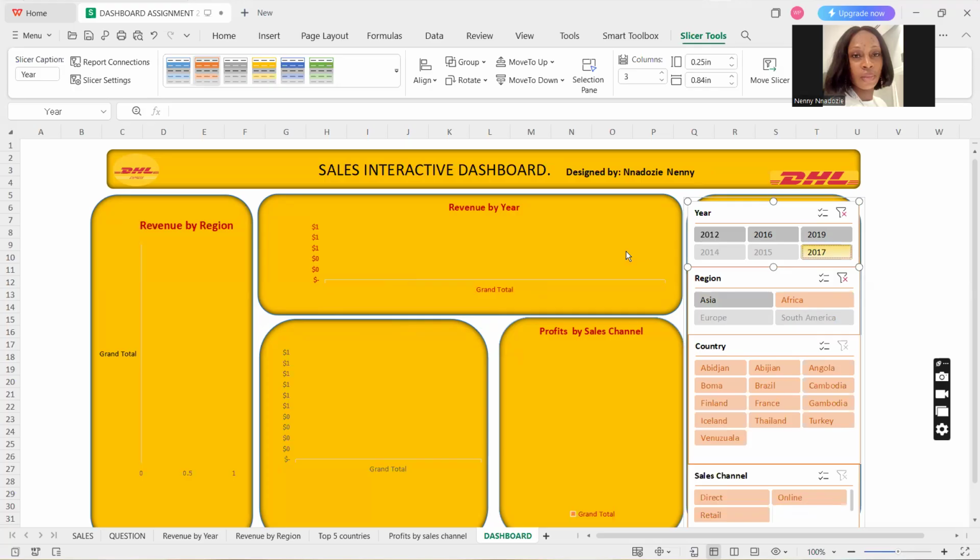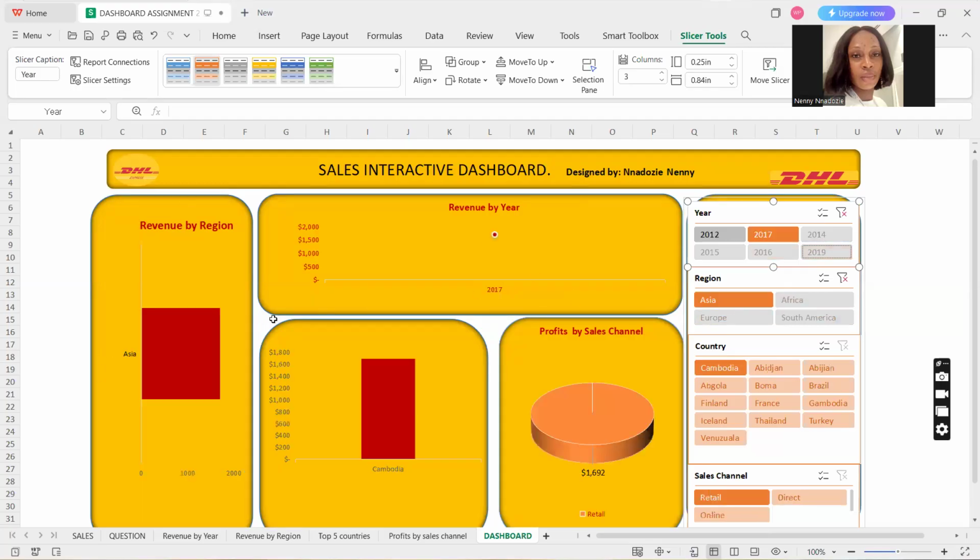So that's why 2017 was actually low. It's not only Africa, even Europe, the same thing, South America. It was only the Asian continent, and the only country that made sales in 2017 was Cambodia, and they used just the retail sales channel.